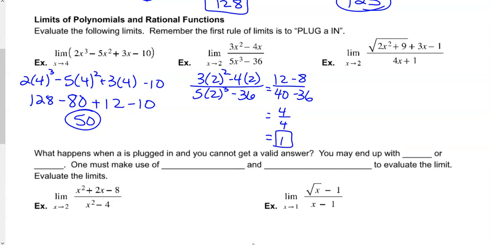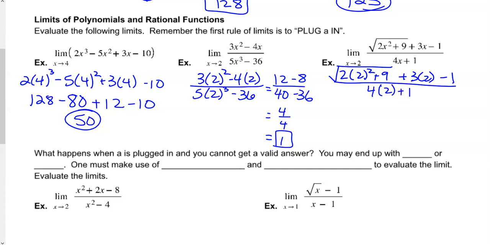And we can move on to this radical function that we have here. Again, plugging a in, that's the first rule of limits. Try to plug that in. I get underneath that square root, 2 times 2 squared plus 9 plus 3 times 2 minus 1 all over, don't forget the denominator, 4 times 2 plus 1.